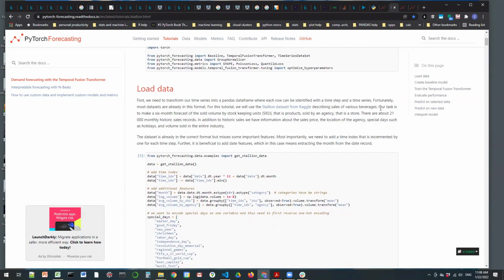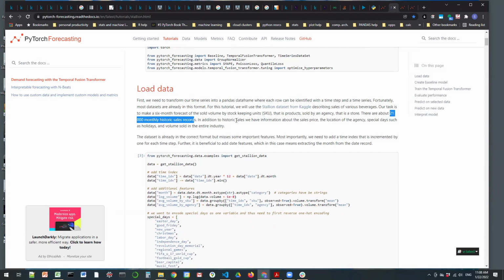And see here, he is making a 6-month forecast, right? And there are about 21,000 monthly historic sales records, 21K, not 2K as I was saying.